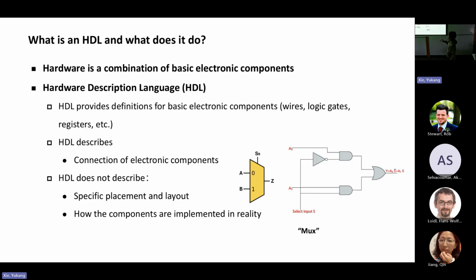But also, since we are kind of far away from the real hardware design, there are some things we are not doing during the hardware description phase. For example, we are not specifying how we want to place these components in the real chip. So this is something we are not able to control in an HDL. And also, we're not specifying how these components will be implemented.